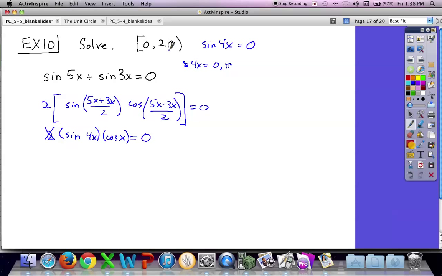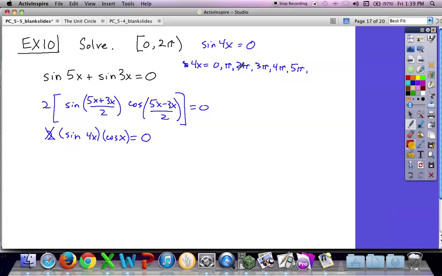Remember, we have to get all the solutions from 0 to 2 pi, but at the last step we're going to be dividing by 4. So we need to go around the circle 4 times. So we're also going to pick up 2 pi and 3 pi, and 4 pi and 5 pi.